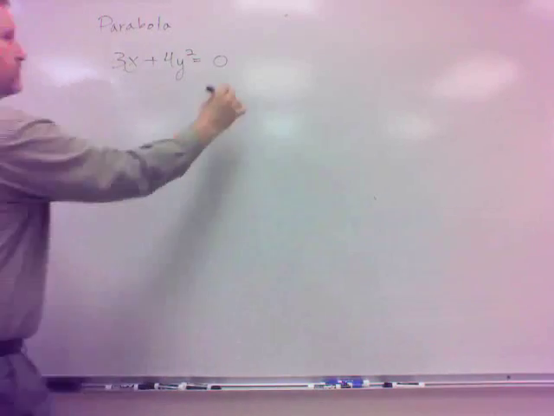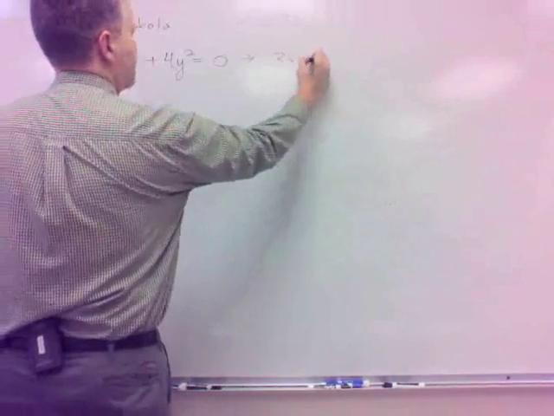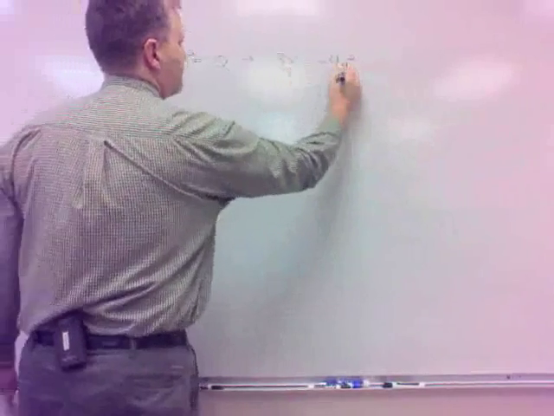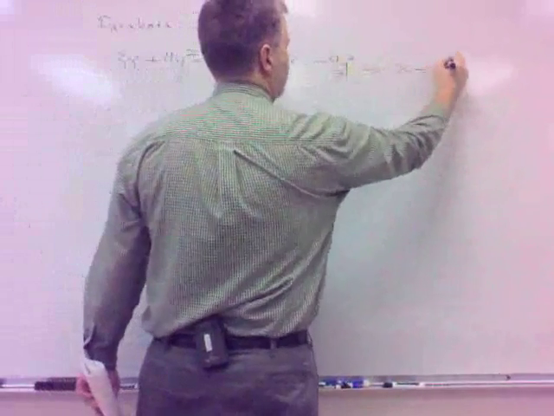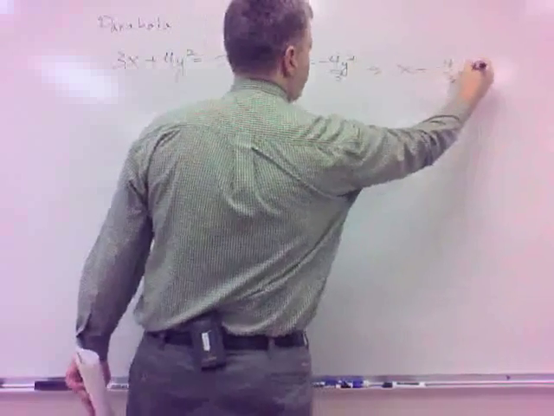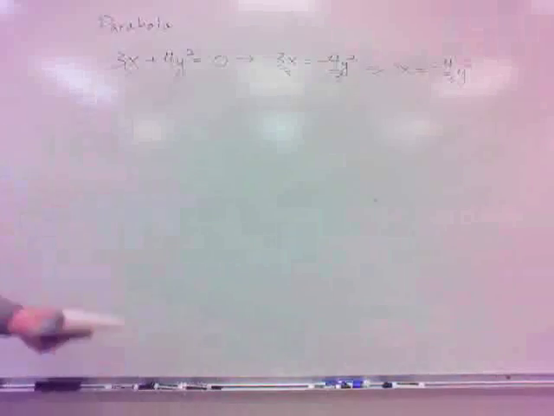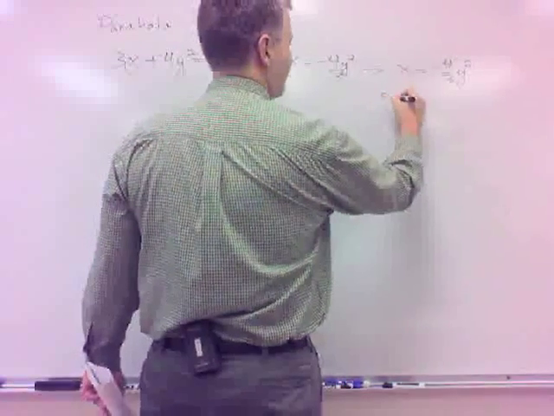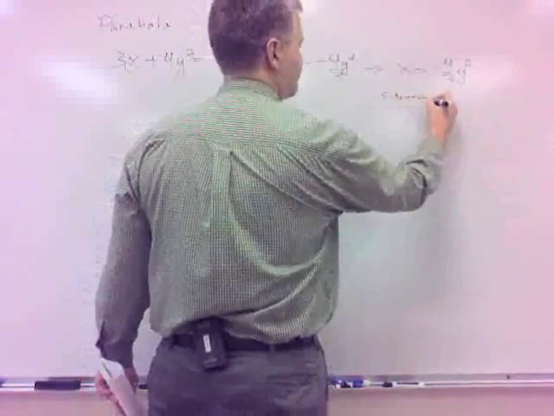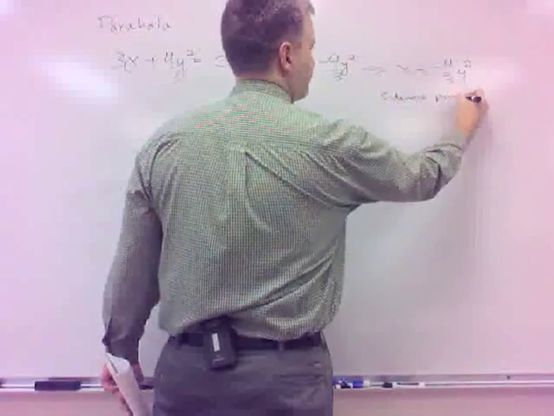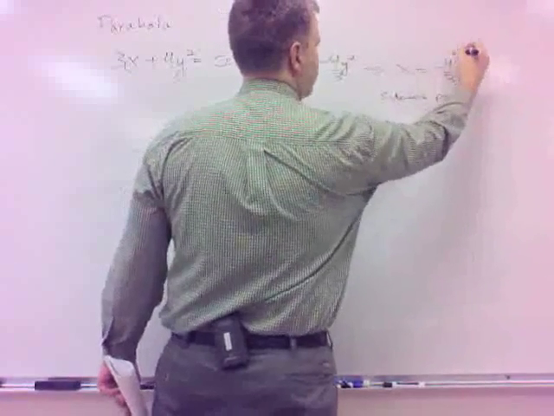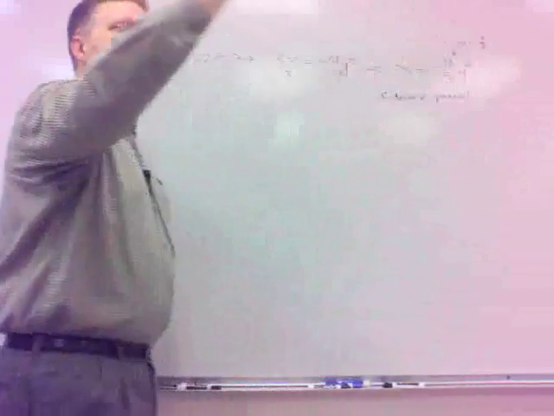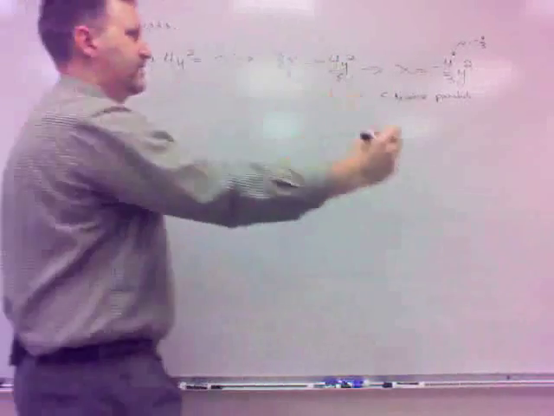That would be 3x equals, subtract the 4y squared, and then let's divide by 3. So I'm going to get x equals negative 4/3 y squared. Another sideways parabola. However, this one, which way? It's going to go left, isn't it? Because here a is negative 4/3. So that's telling me it's going to open the other way. Opens to the left.